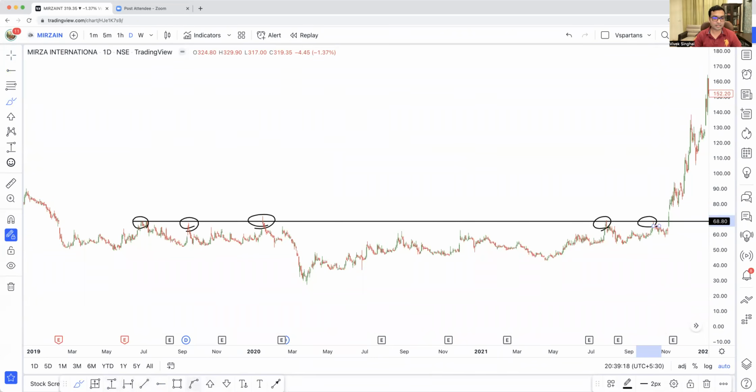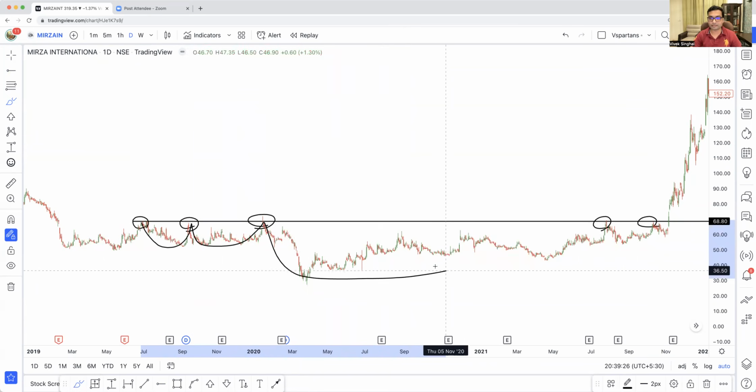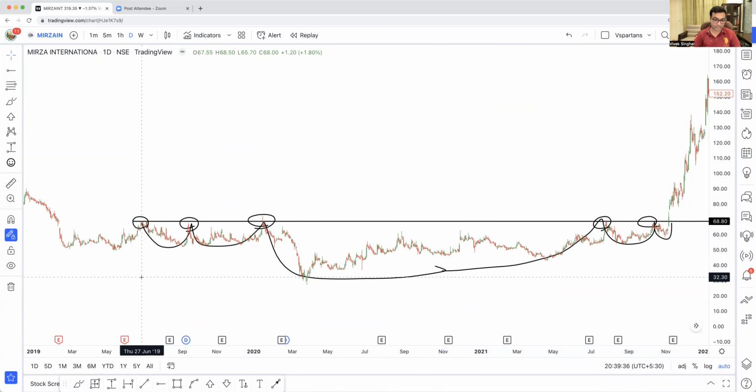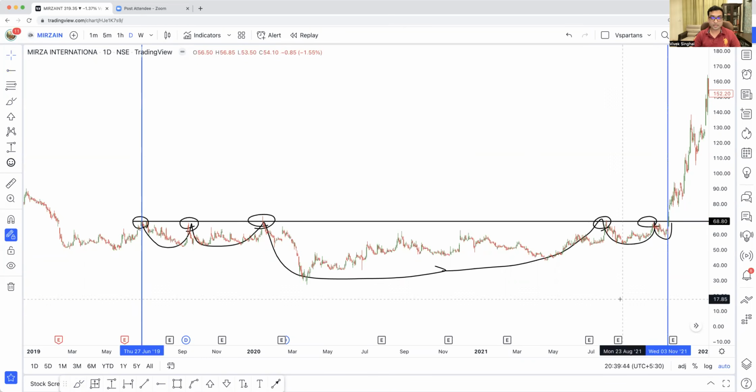Can you see this? So how is this? This is the left one shoulder. This is the left second shoulder. And this big is the head. And this is the right first shoulder. And this is the right second shoulder. So holding period means this accumulation time is from 27th June 19 till 3rd November 2021. It's more than 2 years.